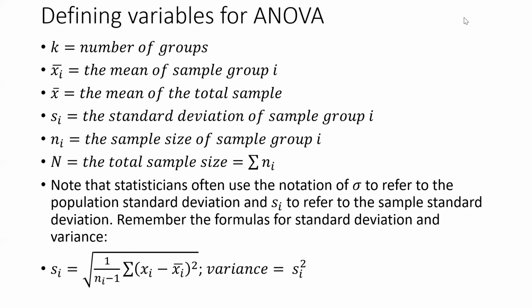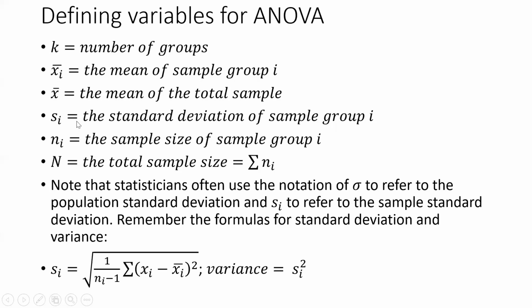We are going to define some variables here to be able to calculate that F statistic number. K is the number of groups, so that was 3 for our fitness test example. X bar sub i is the mean value of each group. X bar is the mean of all the samples considered together.